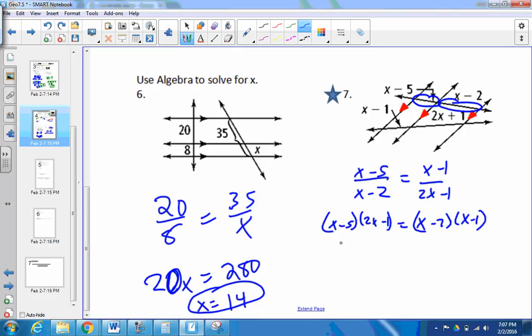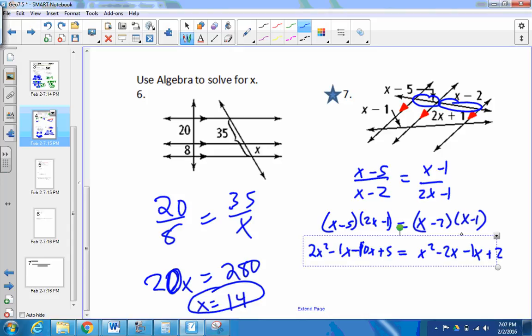So when we do our FOIL method, first, outside, inside, last, this side we'd have 2x squared minus 1x minus 10x plus 5 equals x squared minus 2x minus 1x plus 2.